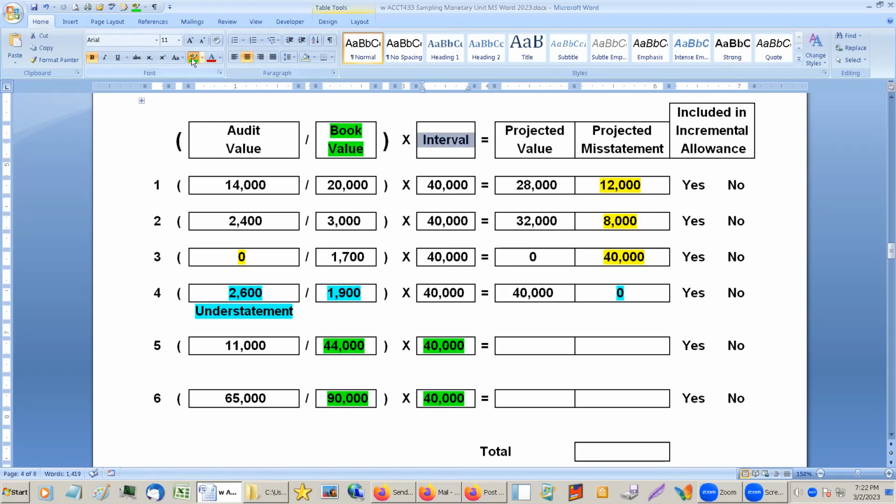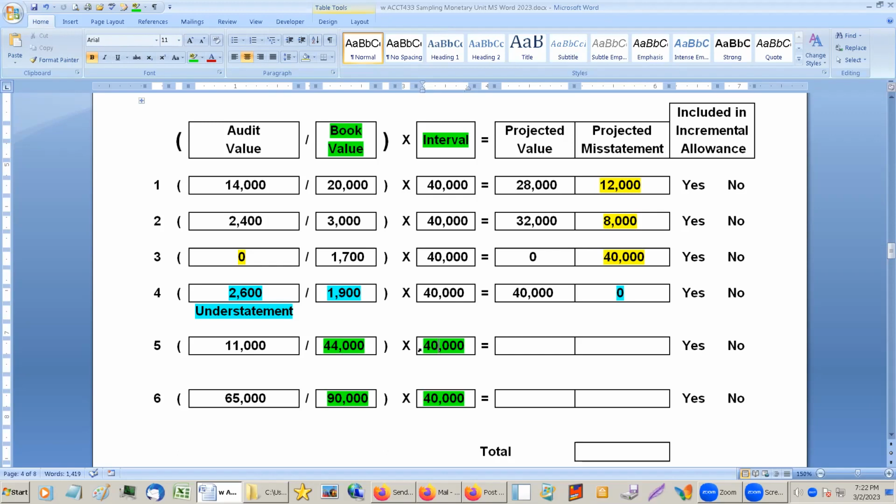I should make them both green, but I'll do it anyways. This is higher than the interval. Now, in one way, this is good because this means you're 100% sure that this is going to get picked. If the company thought they were going to bump this account up to 44,000 to make themselves look better, they just made it 100% sure they're going to get caught doing it. But anyway, the book value is more than the interval. It's 100% sure it's going to get picked.